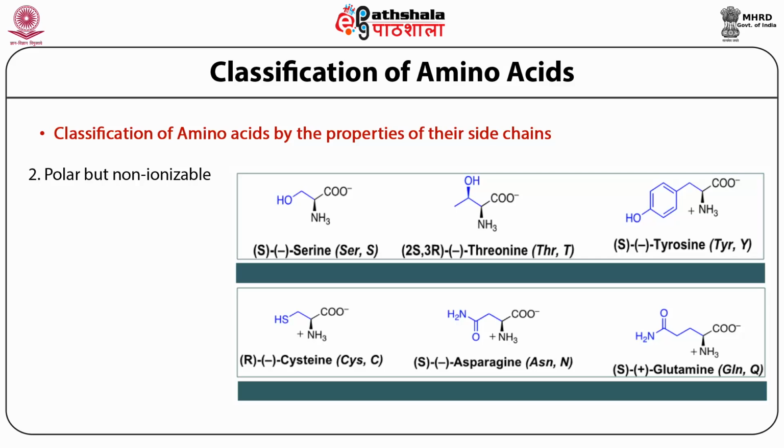These groups are polar in nature but non-ionizable. The examples include serine, threonine, tyrosine, cysteine, asparagine, glutamine, etc.